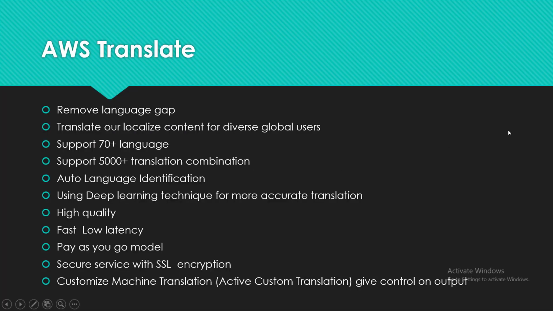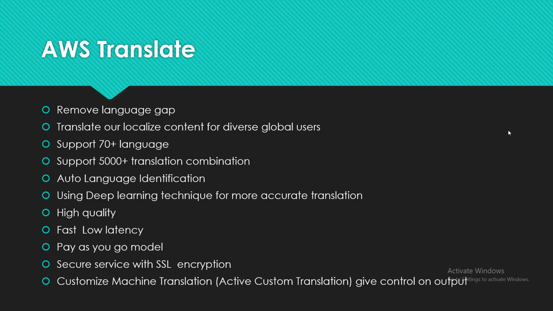So what is AWS Translate? Just think about it: you have several clients or colleagues who are talking in different languages, and our world is changing, people are working across the world, and they want to understand each other's language so they can do the work together.